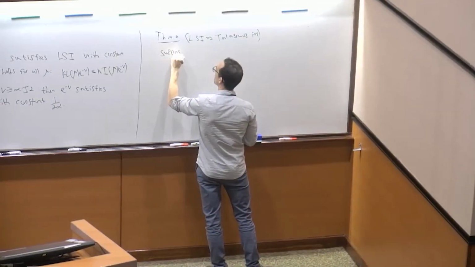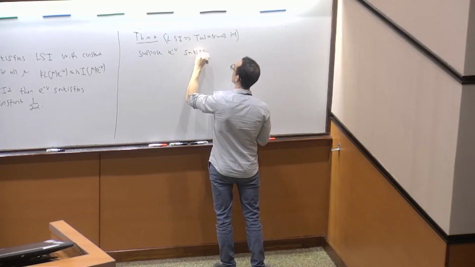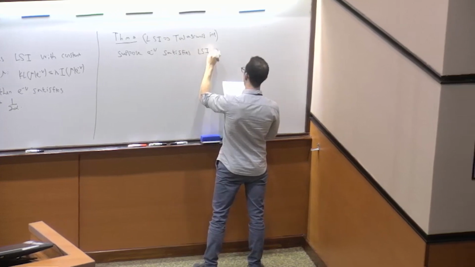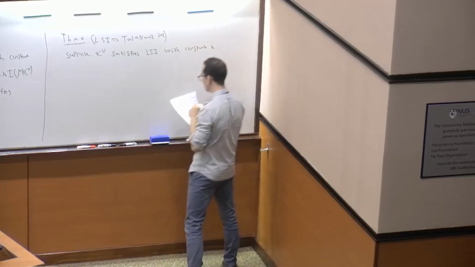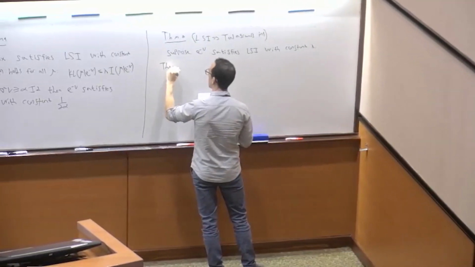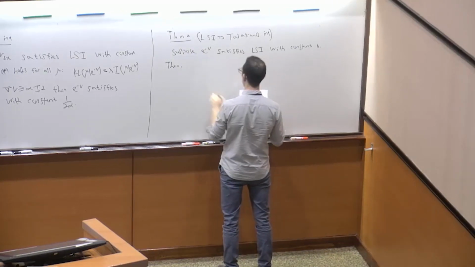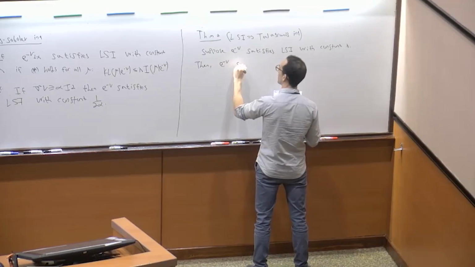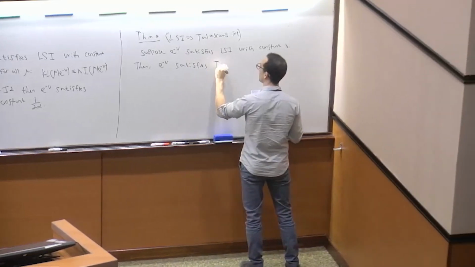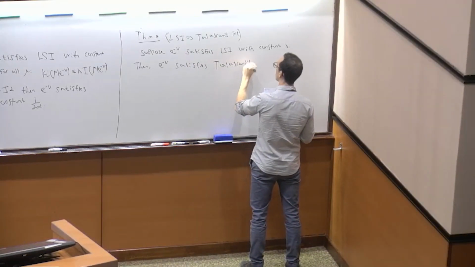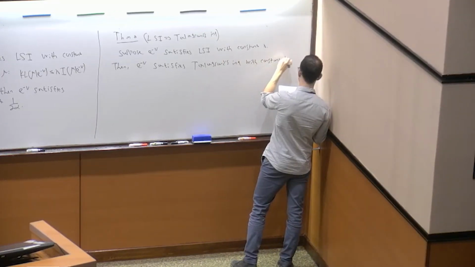Suppose e to the minus V satisfies LSI with constant lambda, then it satisfies the Talagrand inequality with constant 4 lambda.